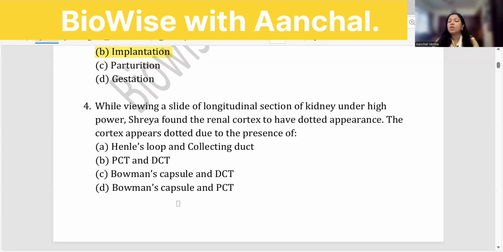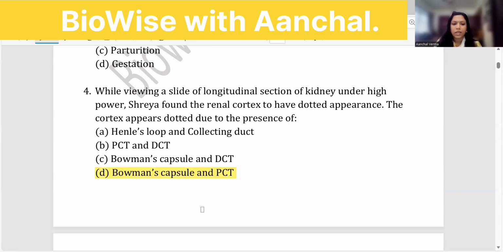And the medulla has got the loop of Henle and the collecting duct. That gives it a fibrous, lined appearance. But the cortex has got a dotted appearance. So what is the right answer? Bowman's capsule and PCT is the best option. Actually, DCT is also there, but Bowman's capsule and PCT is the right answer. Okay. Next one.